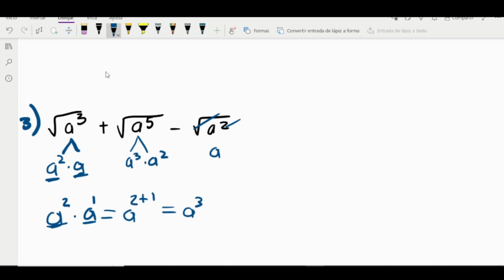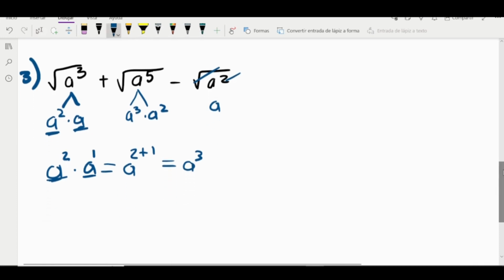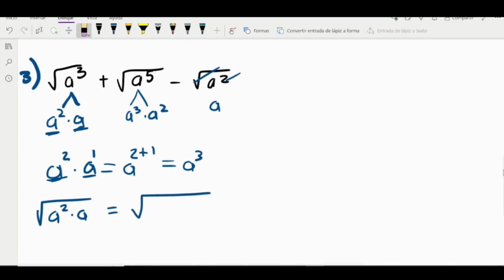The idea of separating this is because of another property. This one is not about exponents, it's about radicals. The radical property says that when you have, in this case, a squared times a, we can separate it into square roots: the square root of a squared times the square root of a.